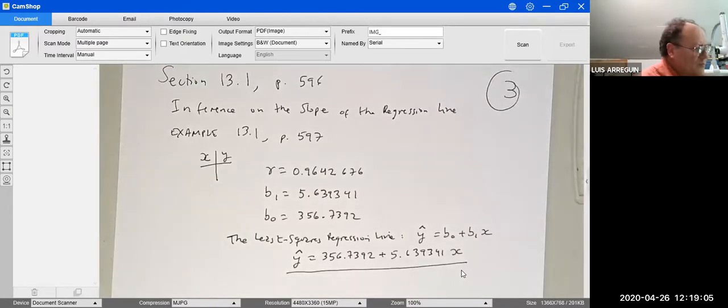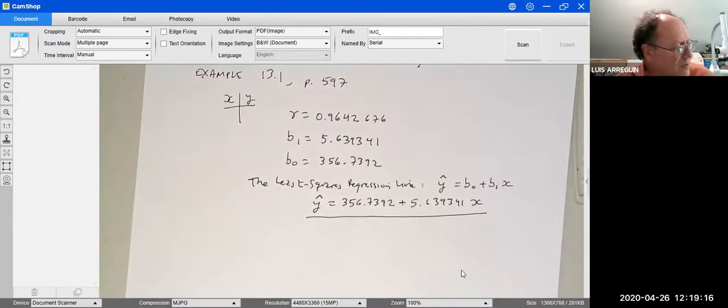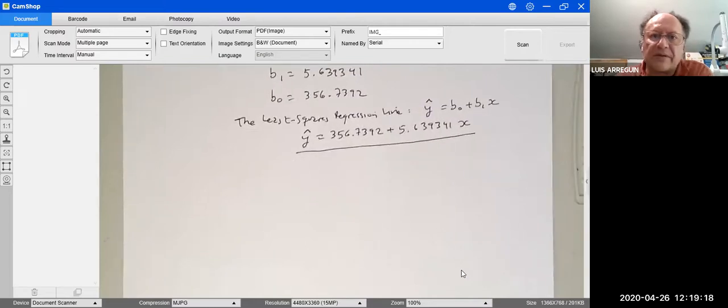We're going to solve example 13.3 and example 13.4 at once because they're going to be about the same things.